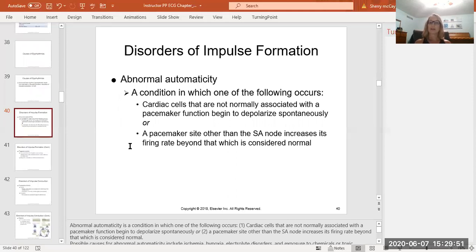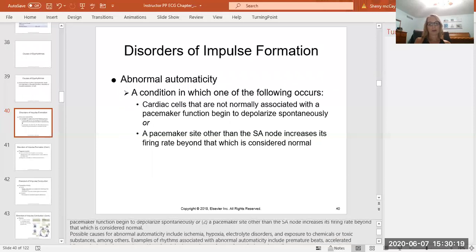Or a pacemaker site other than the SA node increases its firing rate beyond that which is considered normal. Like I said, something beyond the SA node is increasing its firing rate beyond normal.